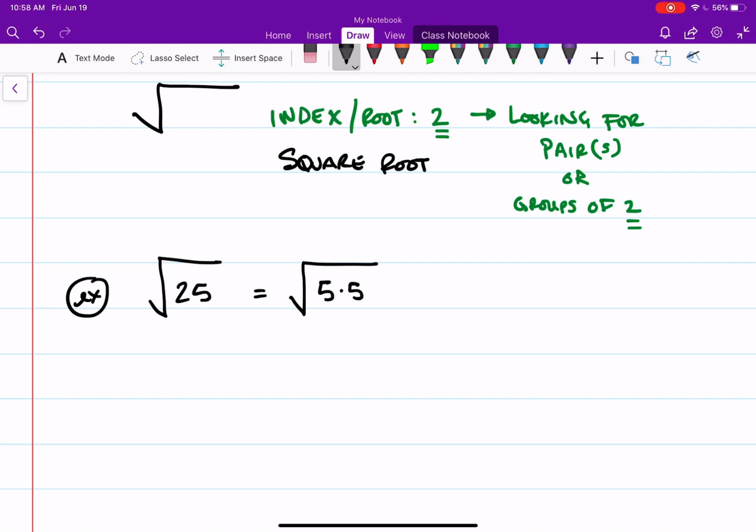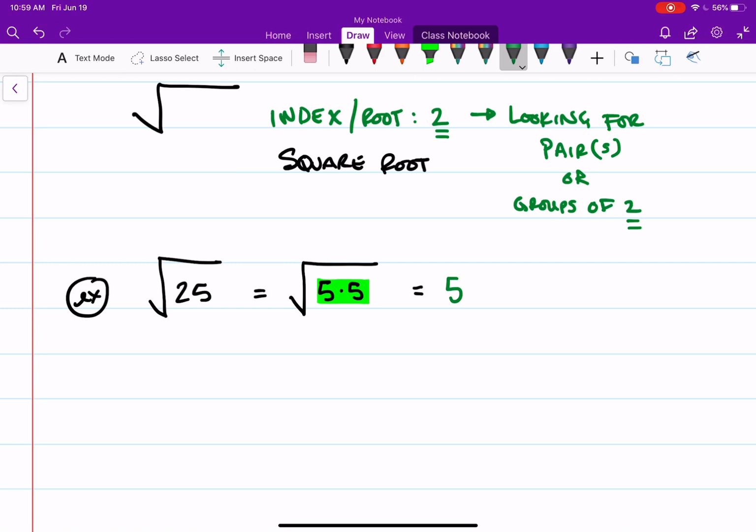So since I have a pair of 5s, this is kind of like back in grade school when it's recess time and they say, if you can find a partner, so you have a pair, you can go out to the playground and play. However, if you don't have a pair, then you're going to have to stay in the classroom. Since they have a pair, that means the square root of 25 is actually going to equal just 5.